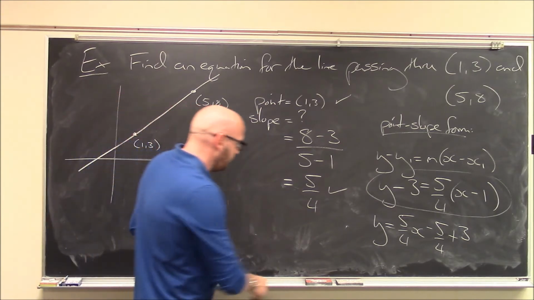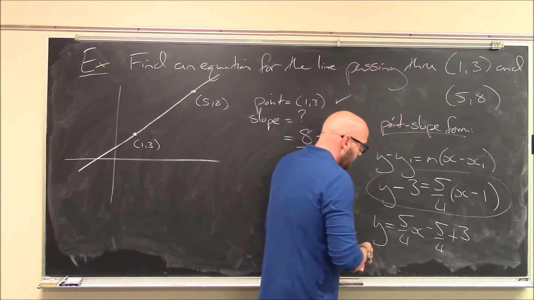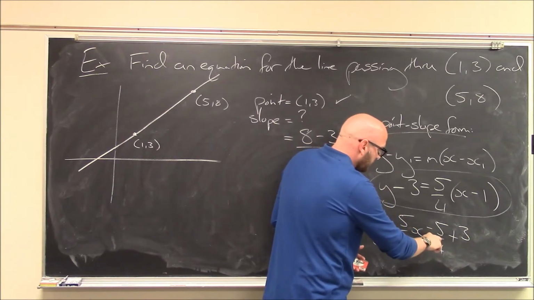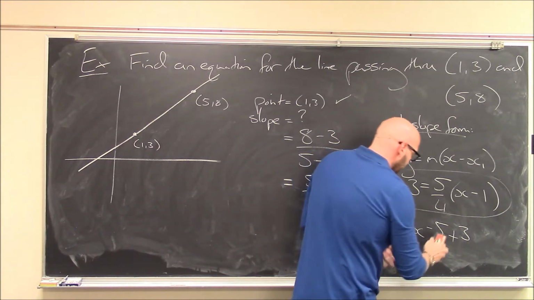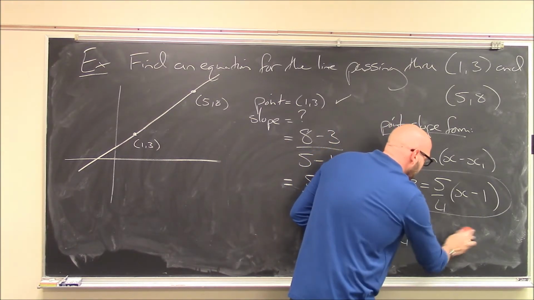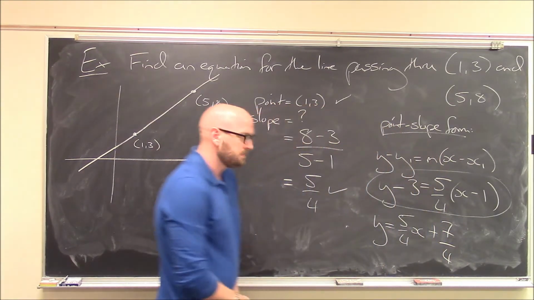Because I'm running out of space, I'll do something I try not to do usually, which is I will erase this right here. Minus 5 fourths plus 3, that's minus 5 fourths plus 12 fourths, which is, I think, 7 fourths. There we go.